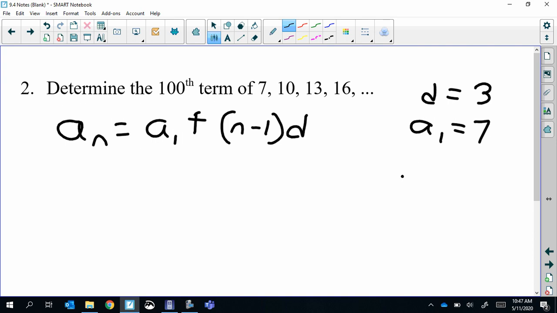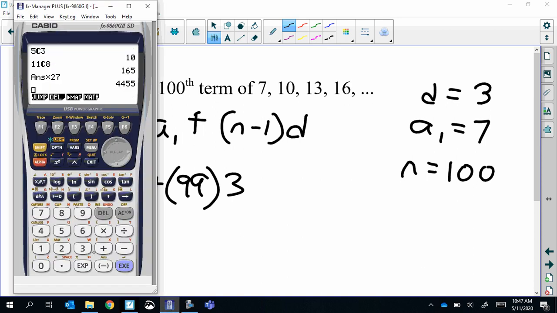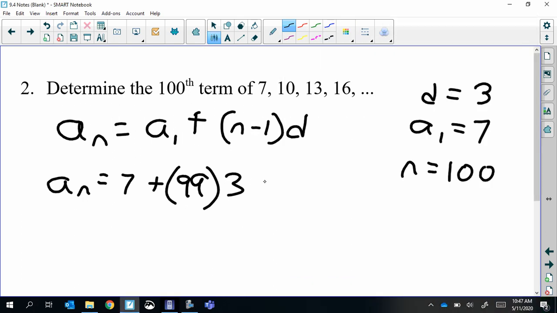And n is 100. We just plug these things in. 100 minus 1 is 99, times d, which is 3. You can use a calculator for this: 99 times 3, plus 7. So that's 304.